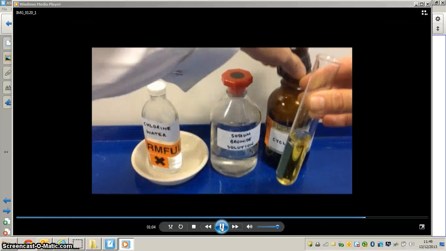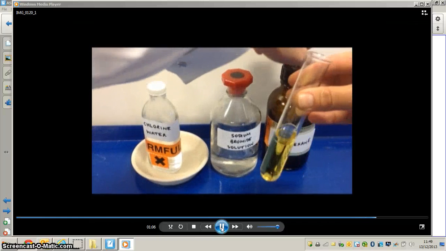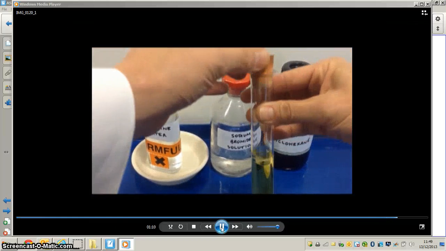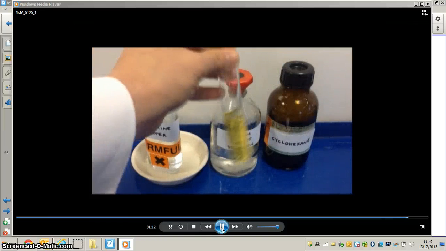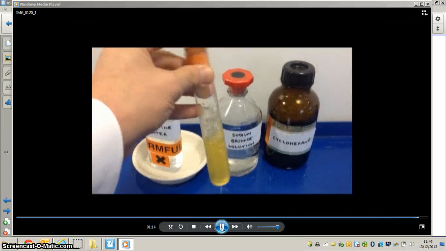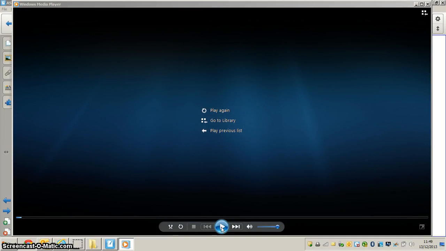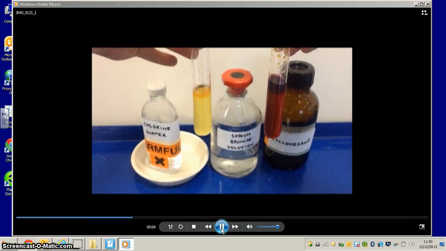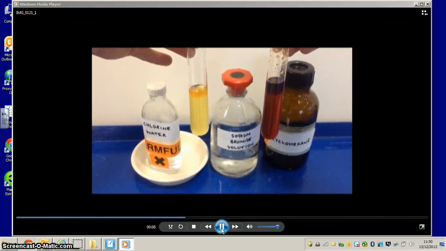And because bromine is non-polar, if we shake this solution together, the bromine will dissolve in the non-polar solvent.